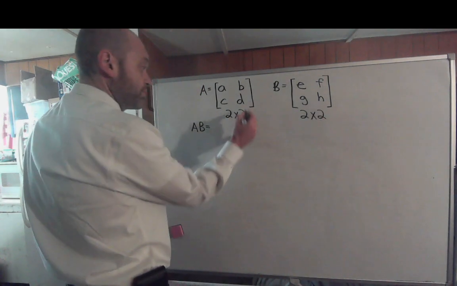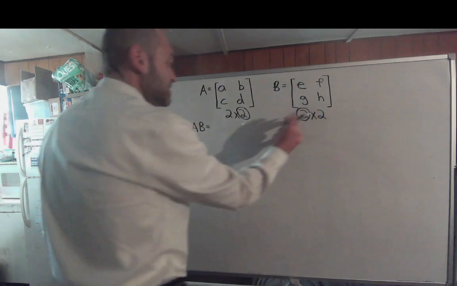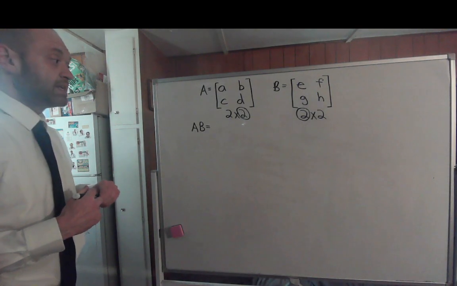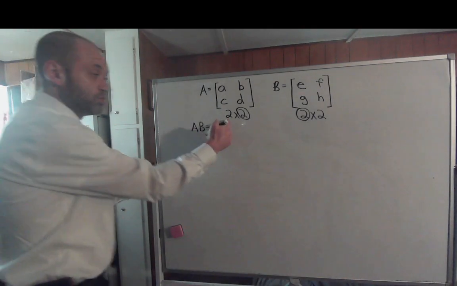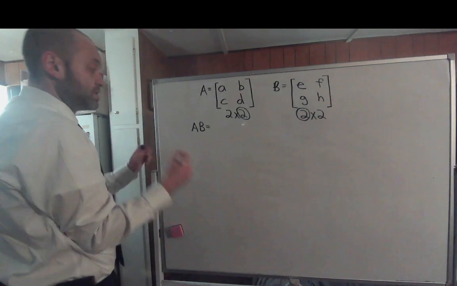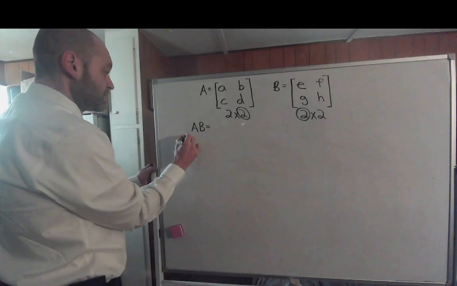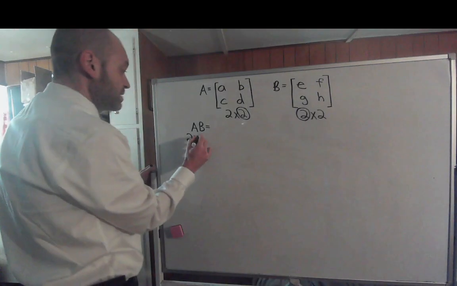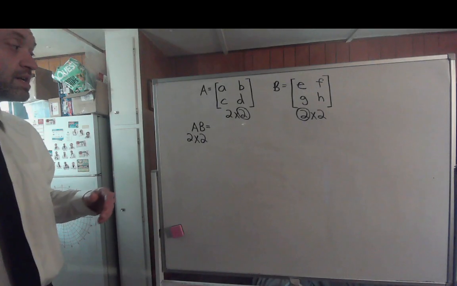Well, the number of columns in the first matrix does equal the number of rows in the second matrix, so yes, it is possible. That means AB should also then end up being a 2 by 2 matrix. It'll be the rows in your first matrix times the columns in your second matrix.